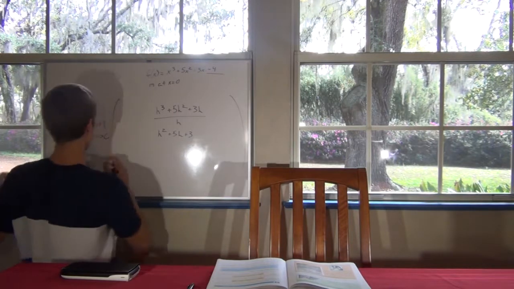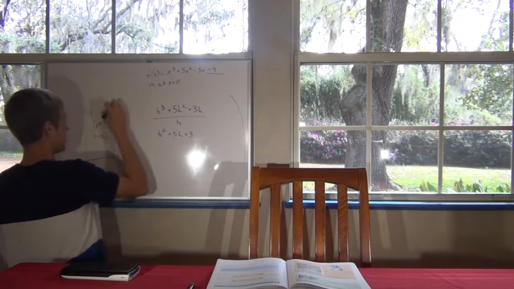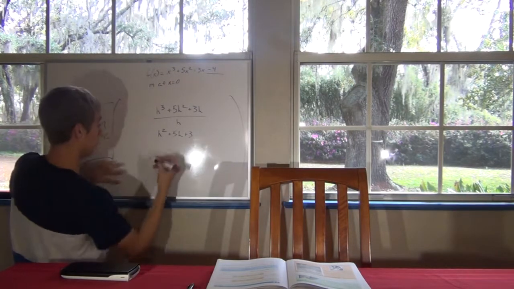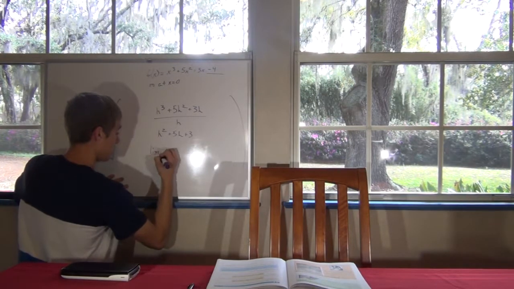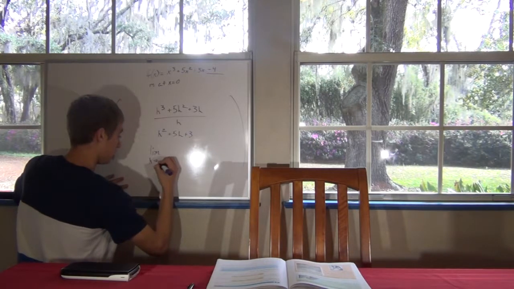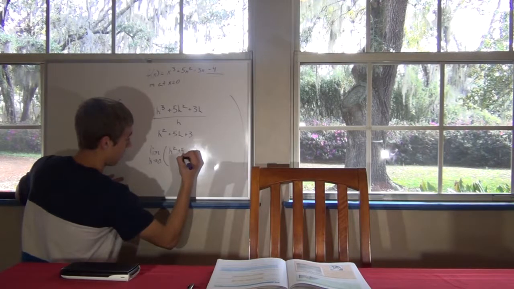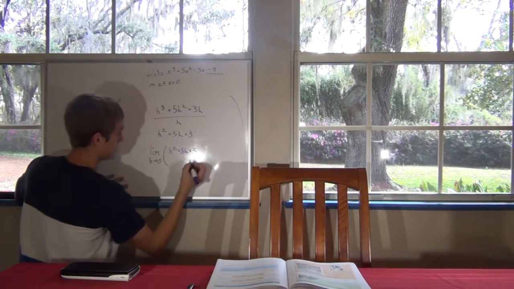Okay, and now we're going to go back, h squared plus 5h plus 3, ignore the limit down here, and we're going to apply this big old limit that's been here the entire time. We've just been leaving it off to the side for the moment. So say limit as h approaches 0 of h squared plus 5h plus 3.